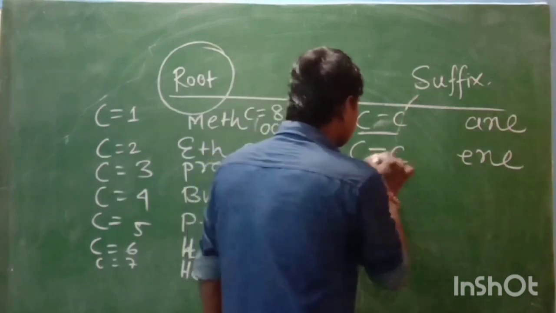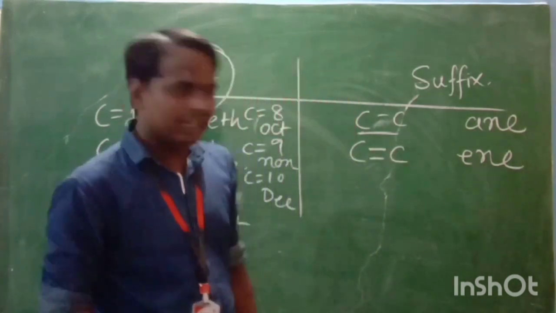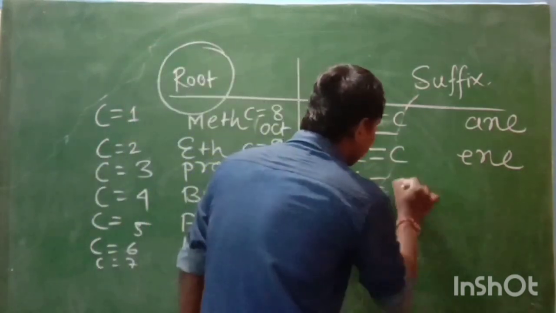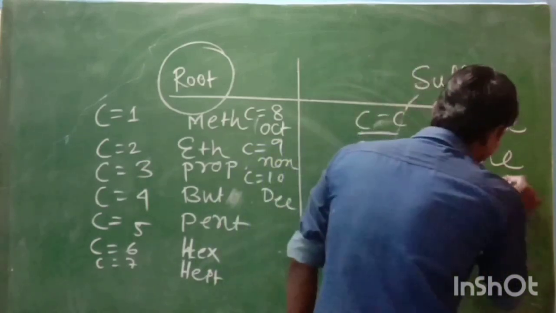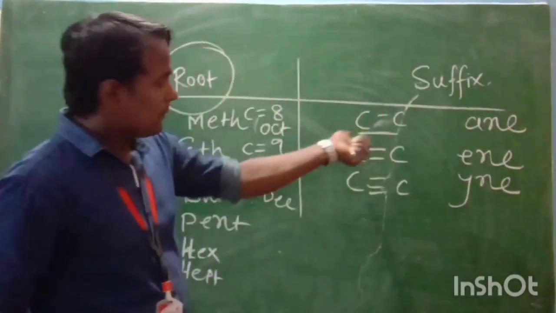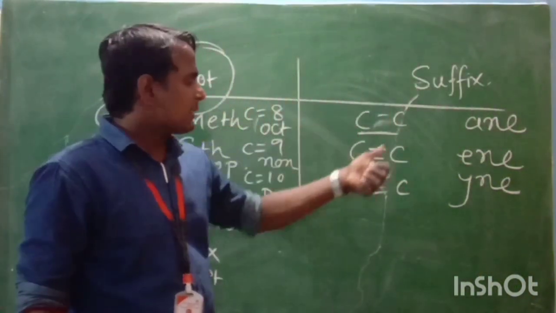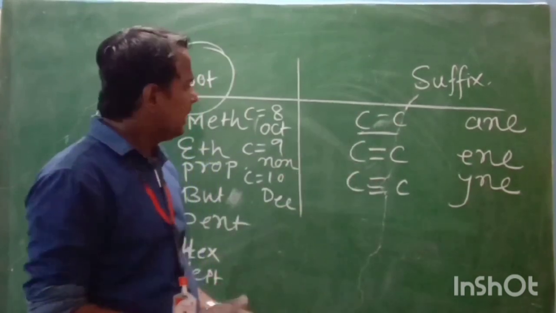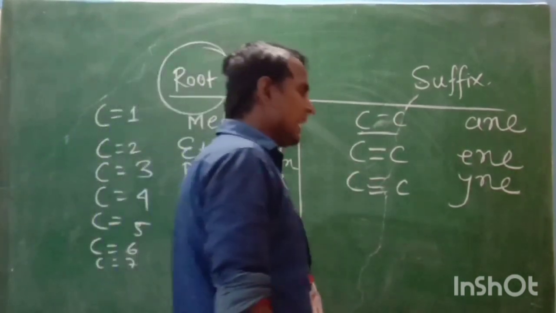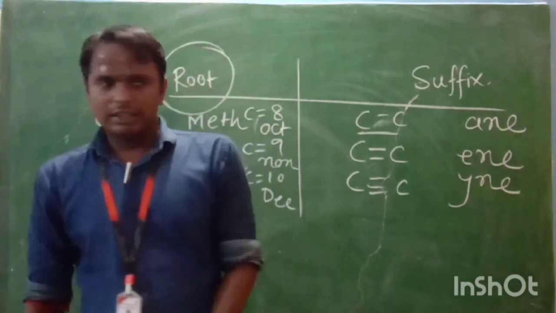When carbon has a double bond, we add ene, and when carbon has a triple bond, we add yne.